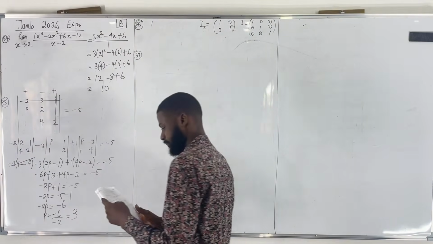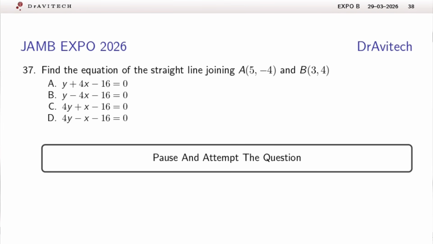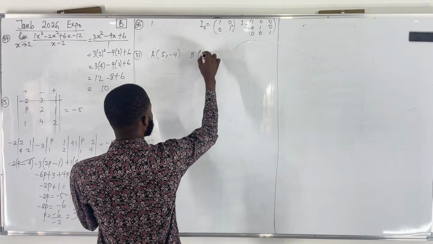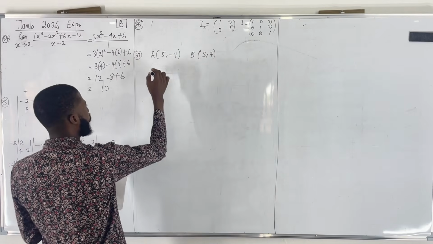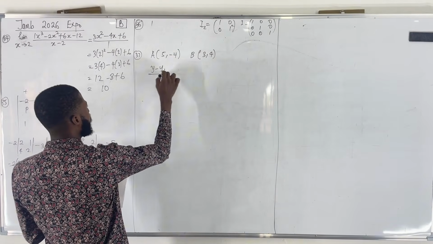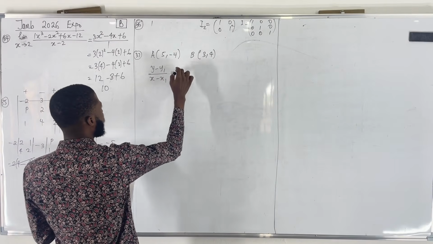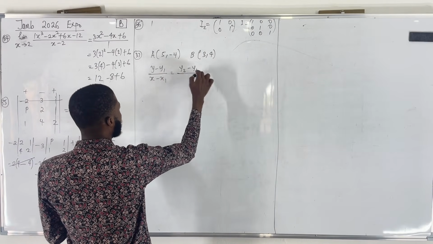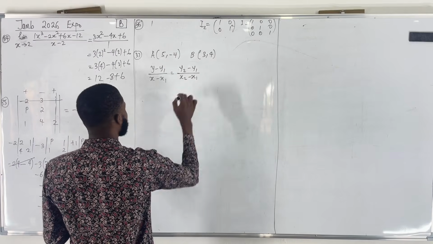Question 37. Find the equation of the straight line joining the point A at 5, minus 4 and B at 3, 4. So the formula is y minus y1 over x minus x1 equal y2 minus y1 over x2 minus x1.